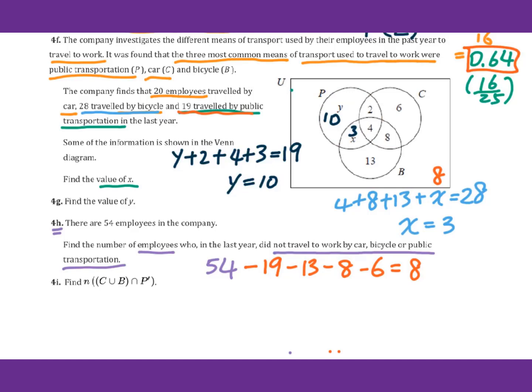Let's go to 4i. Find the number in this set. We do C union B first. C, B, every single number in C and B counts. Then intersect not transportation.